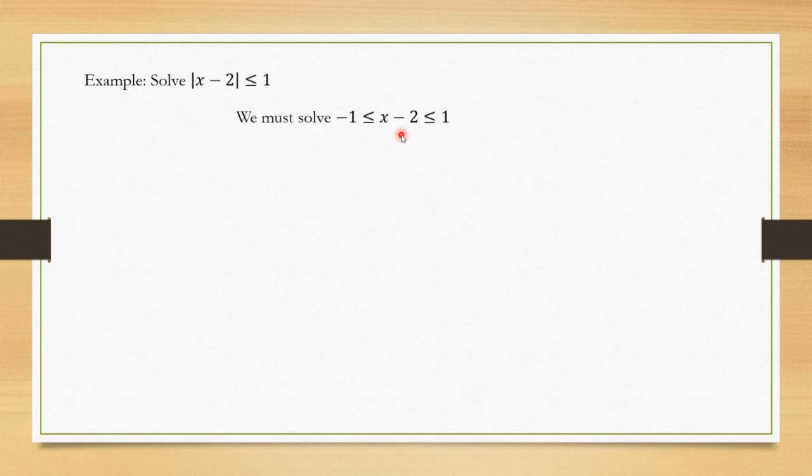Okay, but again, when you solve a compound inequality, you want to get x all alone in the middle. So here it's actually pretty easy. You just add 2 to each side, as you can see. And you get x is bigger than or equal to 1, less than or equal to 3.